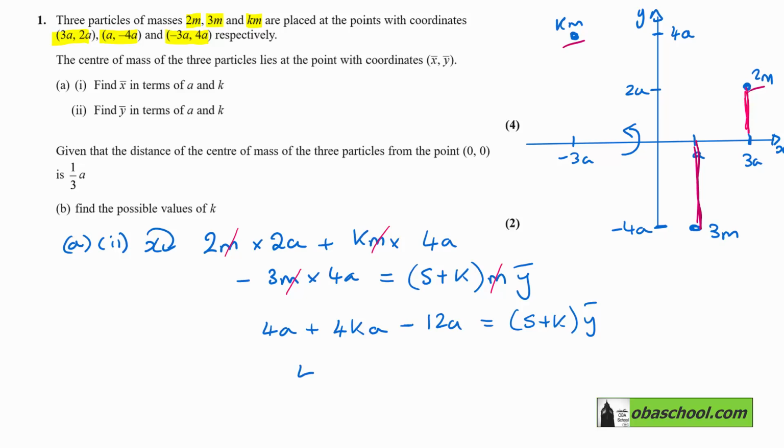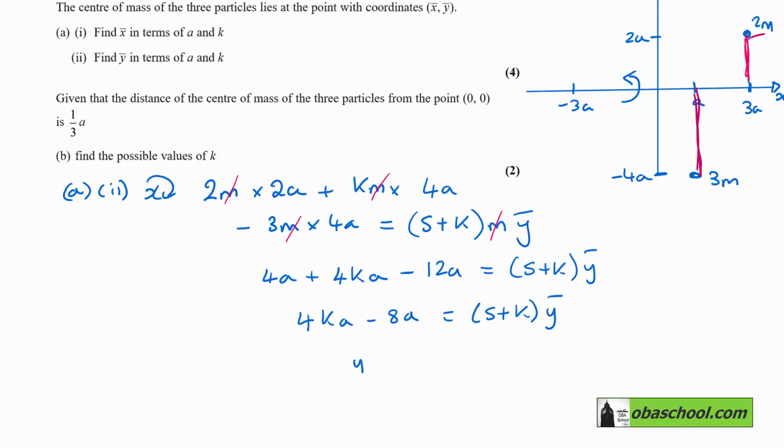And so 4ka minus 8a is equal to 5 plus k times y bar. And finally, y bar will be equal to (4k minus 8)a over 5 plus k.